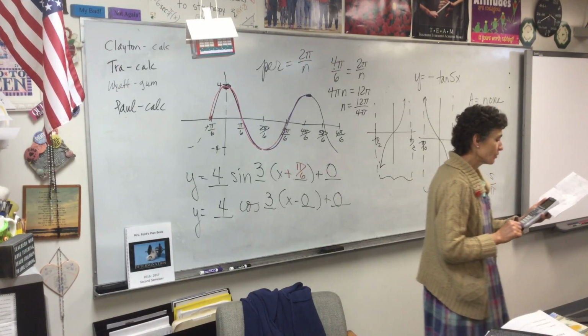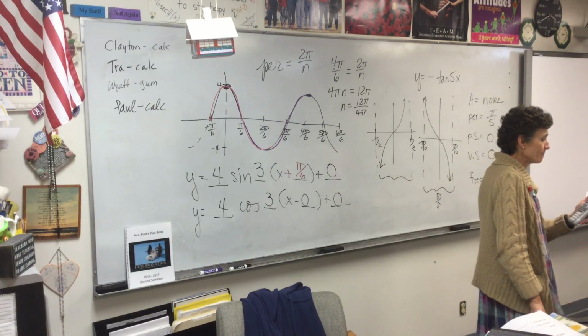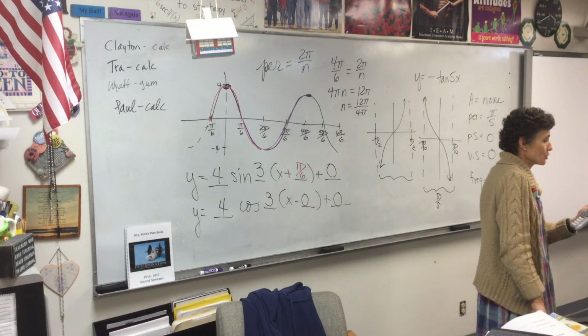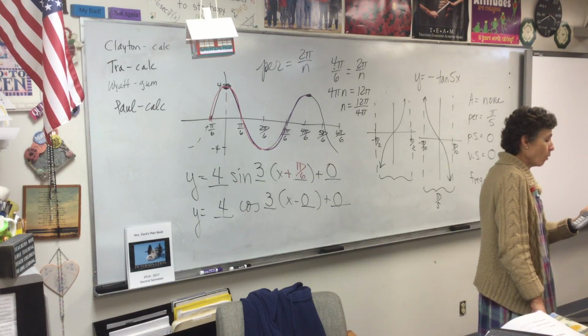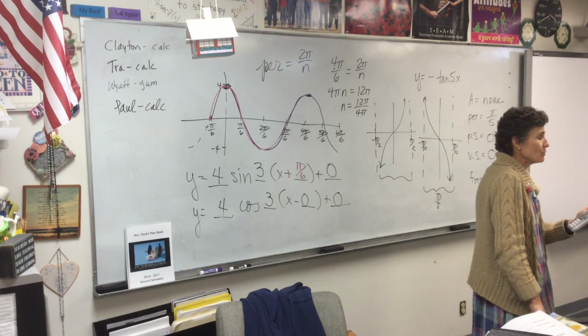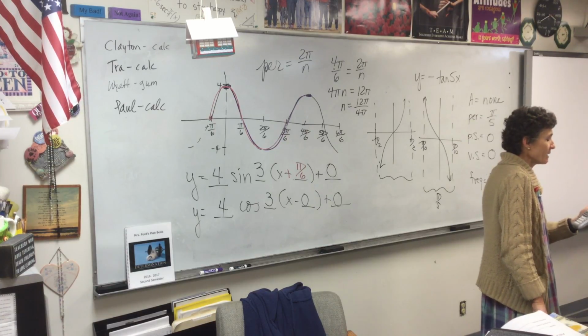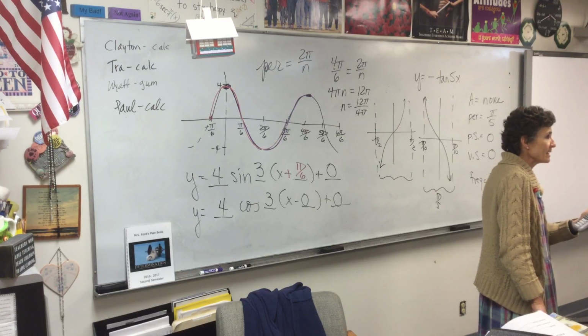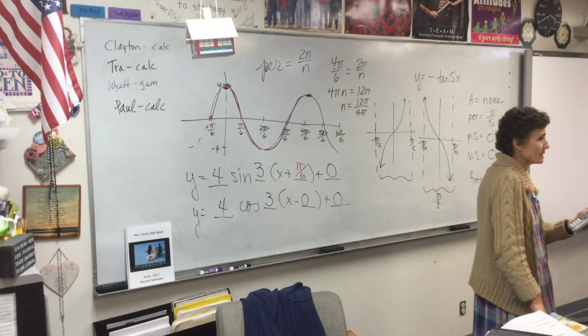And the answer to number 11 is 0.695. If you did not get 0.695, you probably didn't change your calculator into radians.